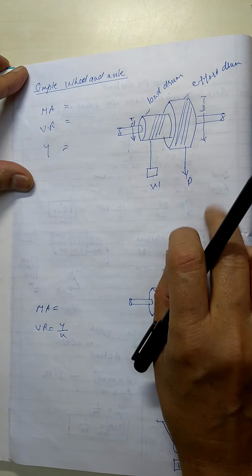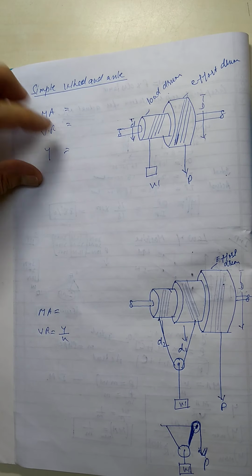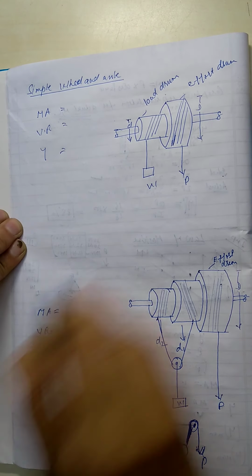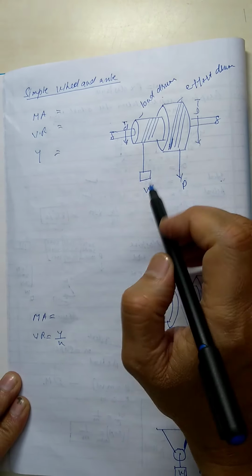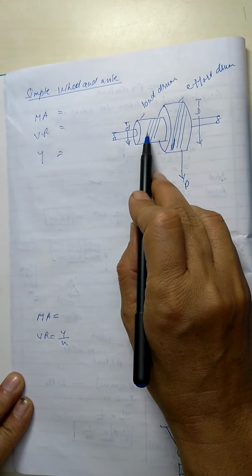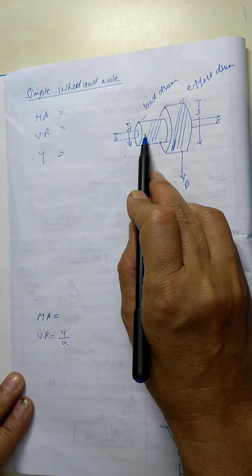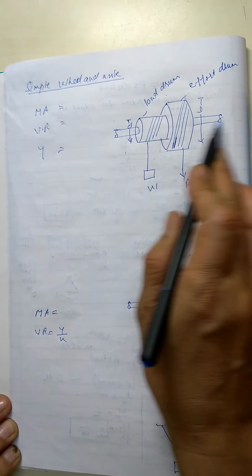Now first of all, about its construction, I think the construction is very clear from the figure. Then also I am explaining it. This type of machine consists of two drums. This is first one drum, this is the second drum, and the diameter of this drum is greater as compared to the diameter of this drum, and both of the drums are mounted on a central shaft.